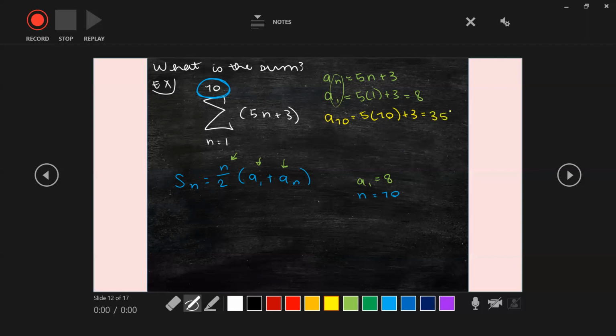Yes, 5 times 7 is 35, so 5 times 70 is 350 plus 3. So wherever I see an n, I am going to replace it with a 70. So s sub 70 is equal to 70 divided by 2 times a sub 1 plus a sub 70.